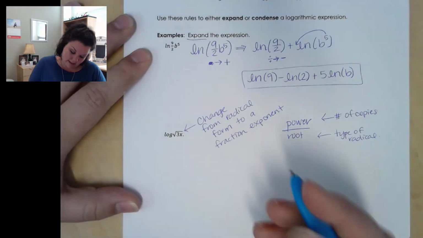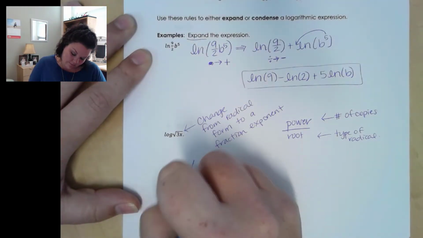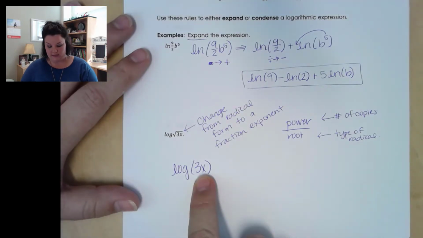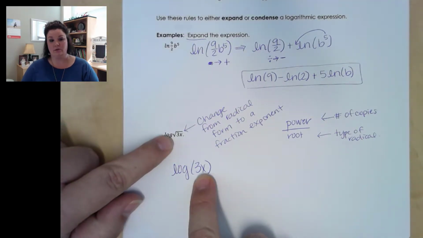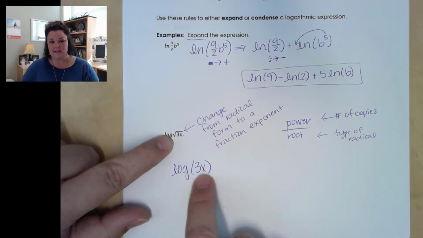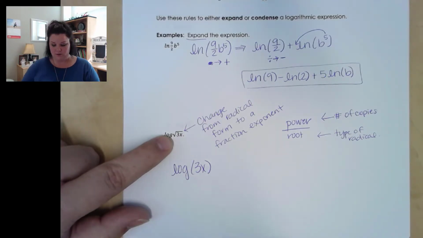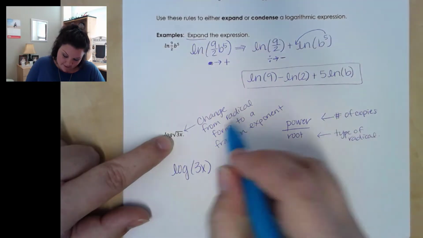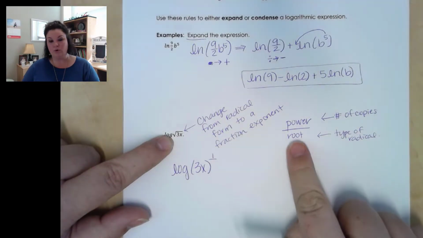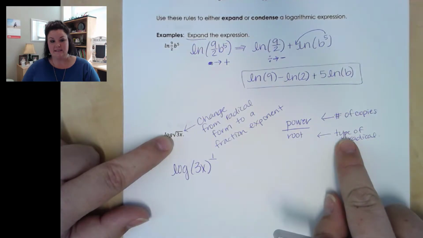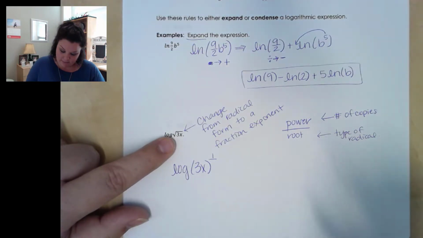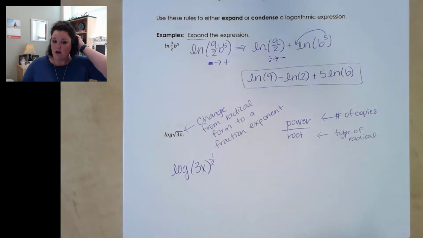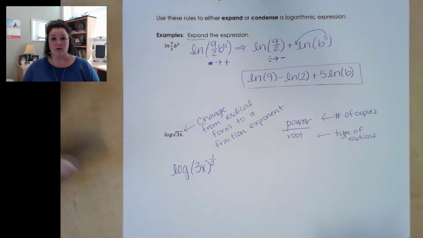So I can rewrite this as log of 3x, and then I want to write the power that I can get from using a square root. So notice here, 3 and x, I only have one copy of them. So it's to the first power, because I only have one copy, okay? And then it's over whatever root or type of radical I have. Since this is a square root, I'm going to use a 2. Okay, so I can rewrite this as log of 3x to the 1/2 power.